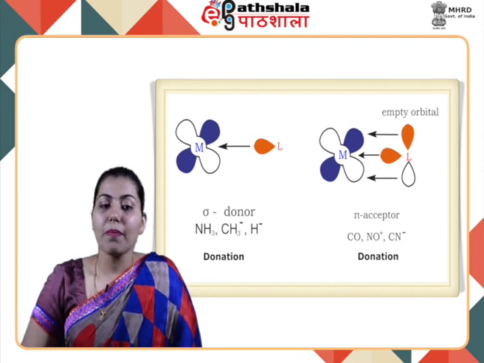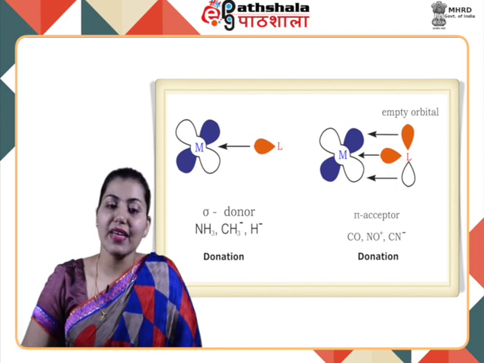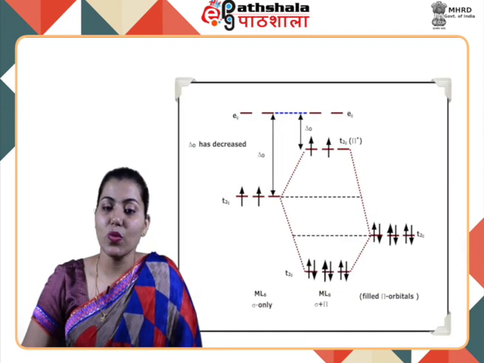Examples of pi donor ligands are I negative, Cl negative and S2 negative. The filled p or d orbitals on these ions interact with the T2g set of orbitals represented by dxy, dyz and dxz on the metal to form bonding and antibonding molecular orbitals.